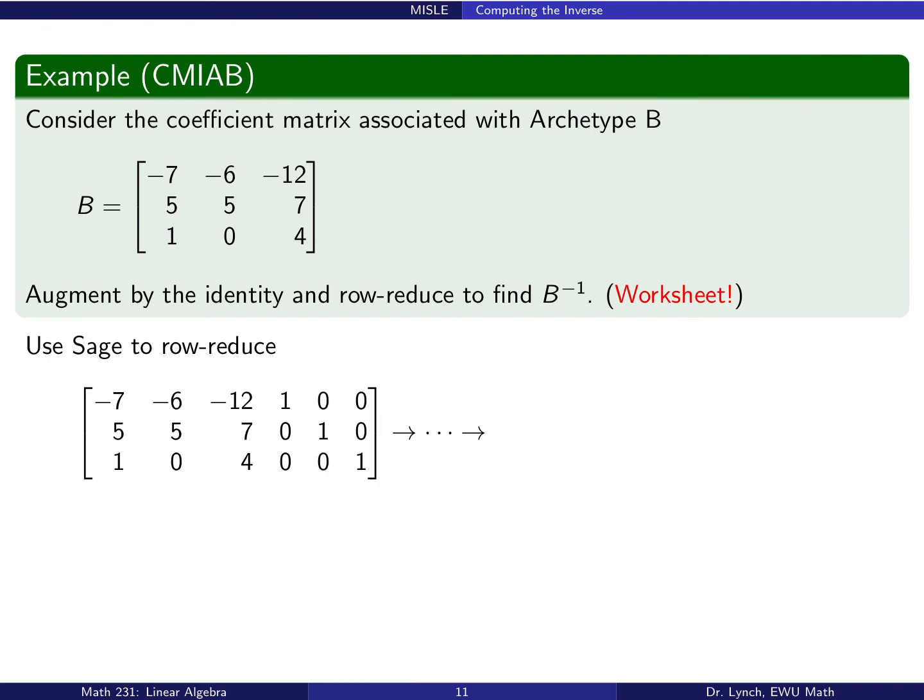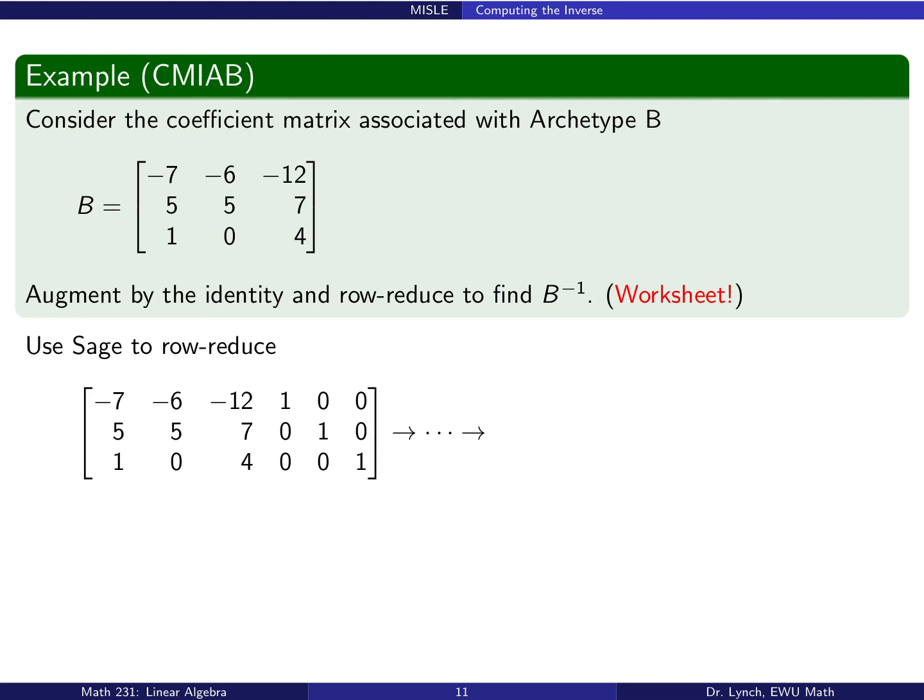So here's an example for you to work on, probably by Sage or some other computational software. This is in the worksheet. Let's go ahead and use row operations, augmenting B, this matrix B that we know has an inverse because it's non-singular, by the identity, reducing it to reduced row echelon form.